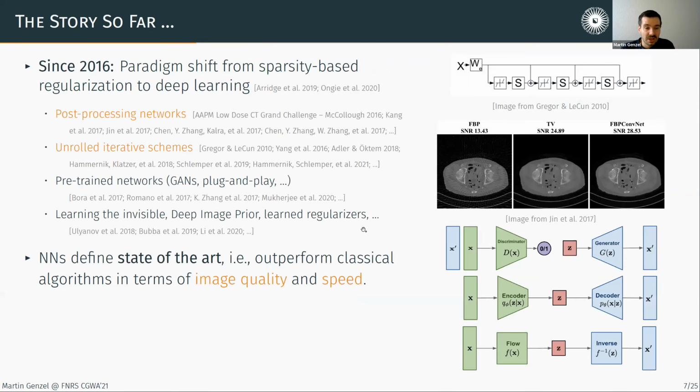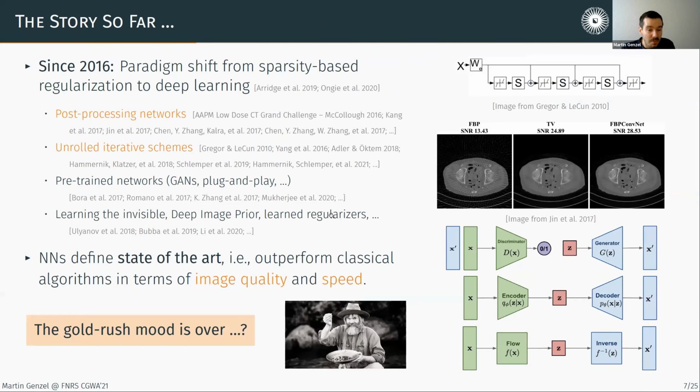Okay, and I think it's nowadays fair to say that neural networks form the state of the art, at least for many types of inverse problems, in particular when it comes to image quality and also speed. So one might ask now, given this huge amount of works, whether this gold rush is over.